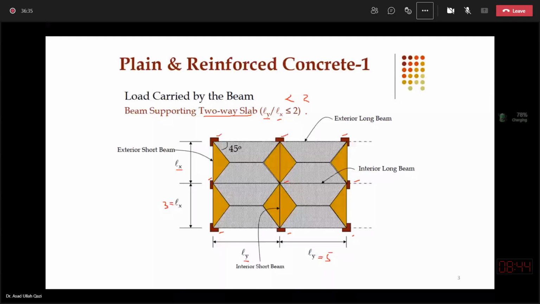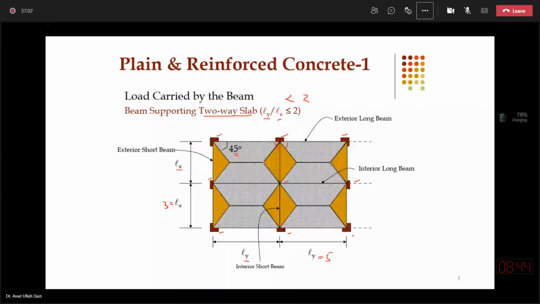For two-way slabs, you radiate lines from each corner at an angle of 45 degrees, and where they intersect, you join them by a straight line.